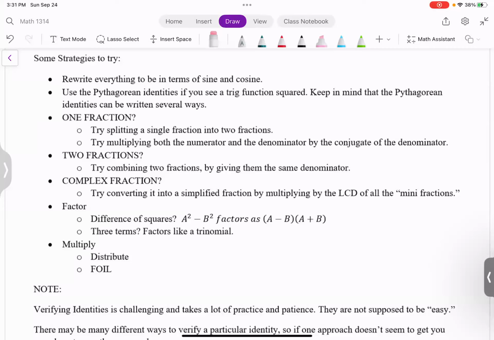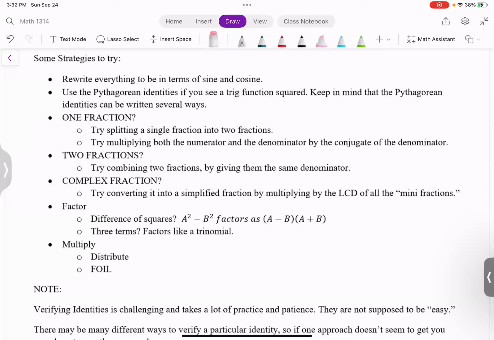Second, use the Pythagorean identities we learned in chapter 5.1. Next, fractions: you can split one fraction into two fractions. You can also combine two fractions into one fraction, but make sure you want to prove the left-hand side equals the right-hand side.